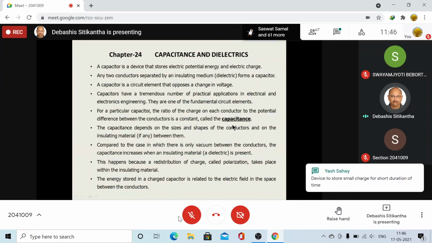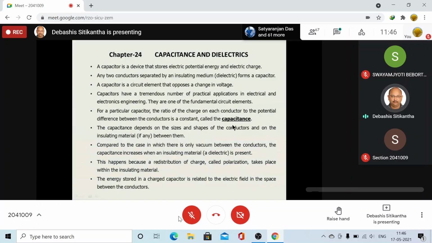Now the other definition is any two conductors separated by an insulating medium forms a capacitor. Well and good. Third one, and one of the best definitions, is a capacitor is a circuit element that opposes a change in voltage. One by one, all these 3 definitions we will focus on.